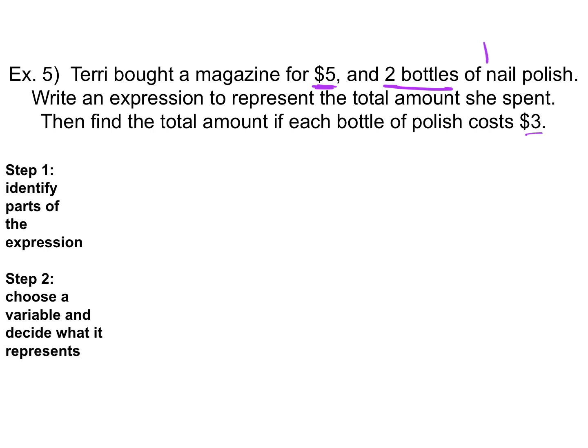No. I mean, right here, yes, but not in this case where we have to write the expression. So we're going to say P equals the price of nail polish. All right. So I have $5 plus 2 bottles times the price of the nail polish. That would give me the expression for the total amount she spent.